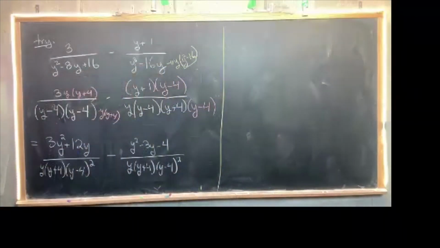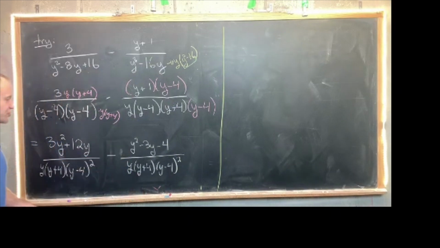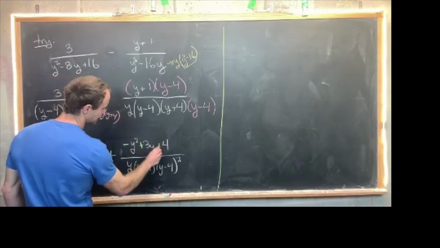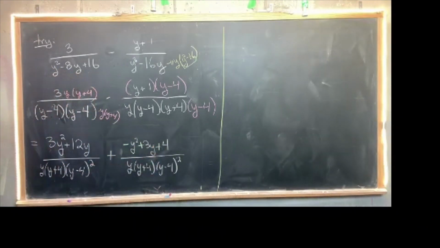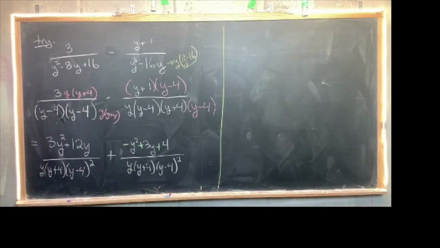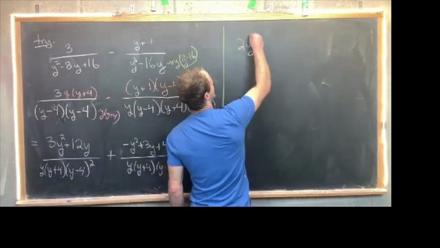So notice that we can take this minus sign and distribute it onto everything in here. So here we're thinking about being in the numerator of the fraction as being grouped together. So I changed all of the signs, and now I can just subtract across. I have 3y squared minus y squared. That's going to be 2y squared.